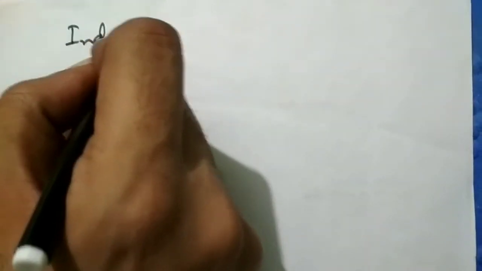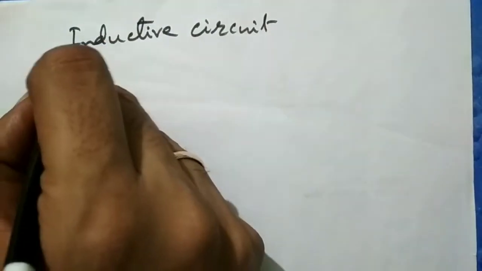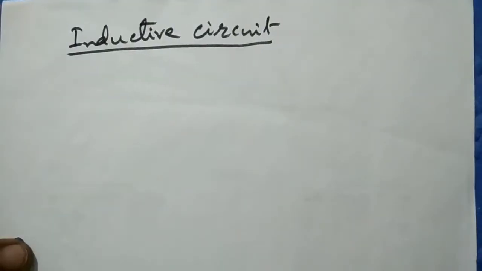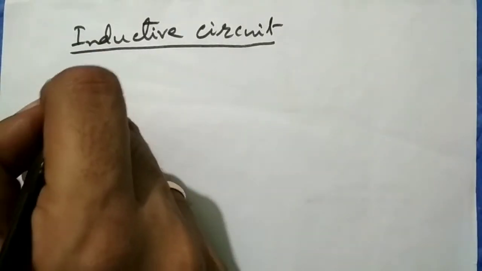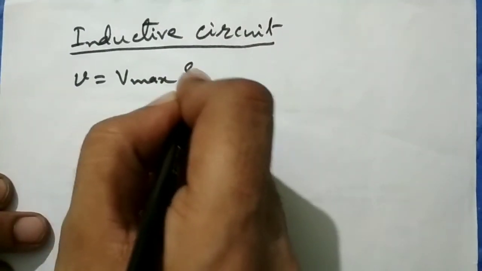So, in summary, for a purely inductive circuit, we have to remember these points. Voltage is Vmax sin omega t.